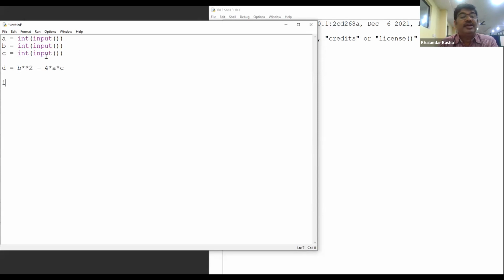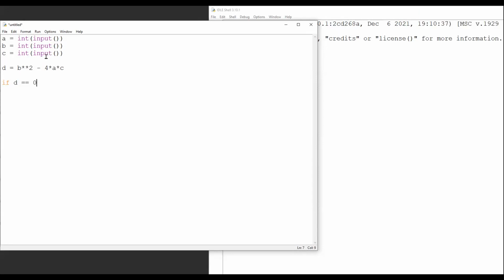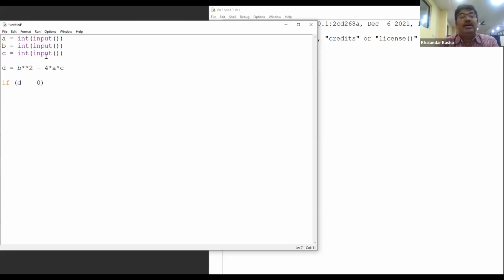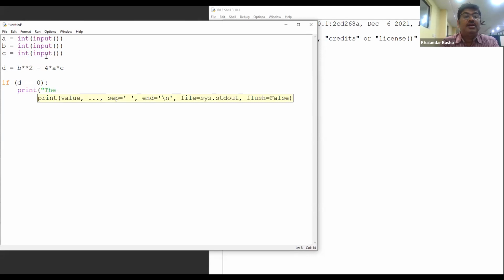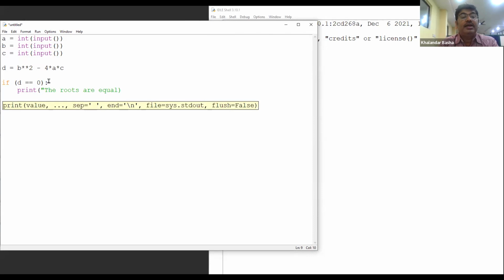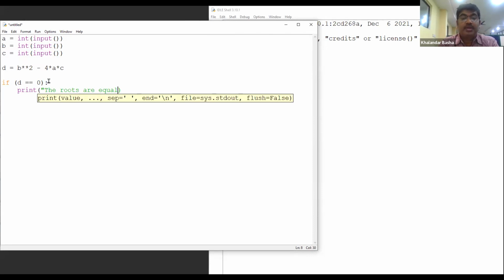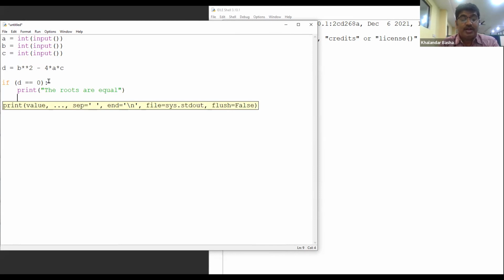Once we have calculated D, we will write an if statement: if D double equals 0. Here I am first checking whether the value of D is 0 or not. If it is 0, I'll print the statement: the roots are equal, and we have only one root that we can have 2 times. So what expression do we write for finding the roots?